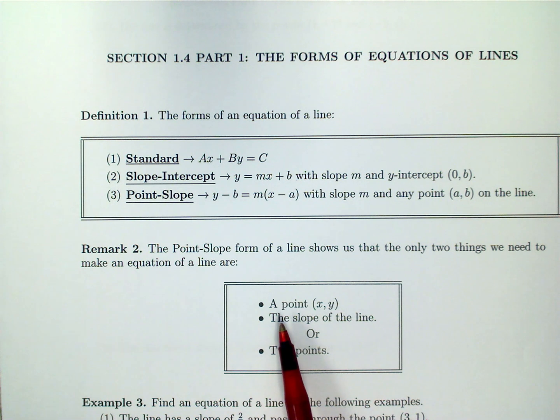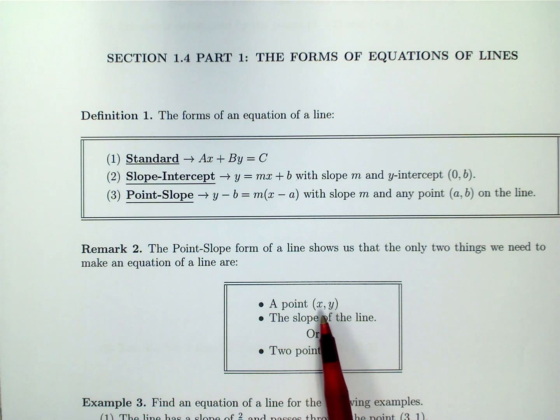We need a point and a slope, or we need two points. Once you have two points, that's how you make the graph of a line. Or if you have a point and a slope, you can graph the point and then use the slope to get another point. So finding the equation of a line is similar to graphing a line.